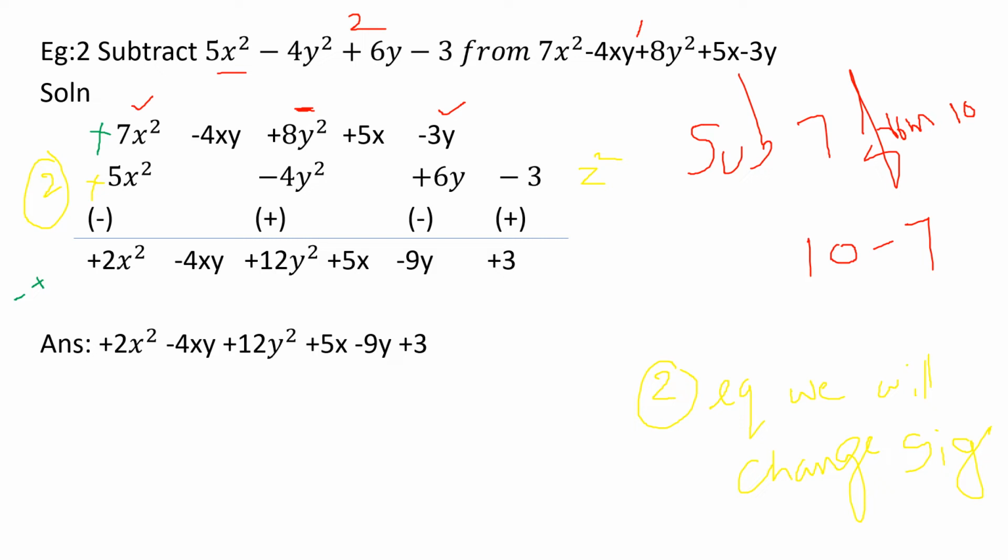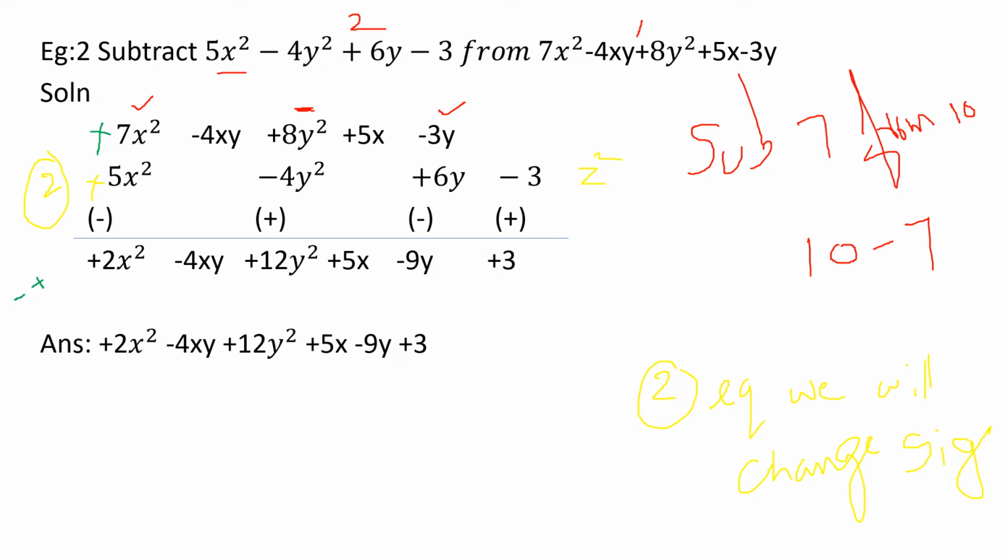But in subtraction, we will change the sign of the second equation. Okay. So 7 minus 5. What is the answer, children? 7 minus 5, the answer is 2, right? So 7 is the greater number. So plus 2x square. Now whether any x square term, xy term is there? No. So write down minus 4xy.